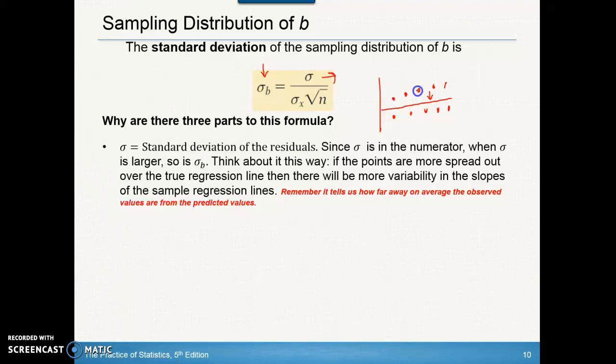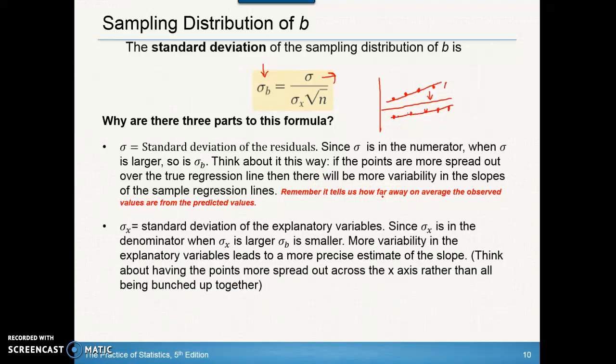Let's say I pick these points right here. Here's what my sample slope would look like. Next time I pick these points, this is what it looks like. So the slope is actually varying a lot when you take different samples. And just remember, the standard deviation of the residuals tells us how far away on average the observed values are from the predicted values.